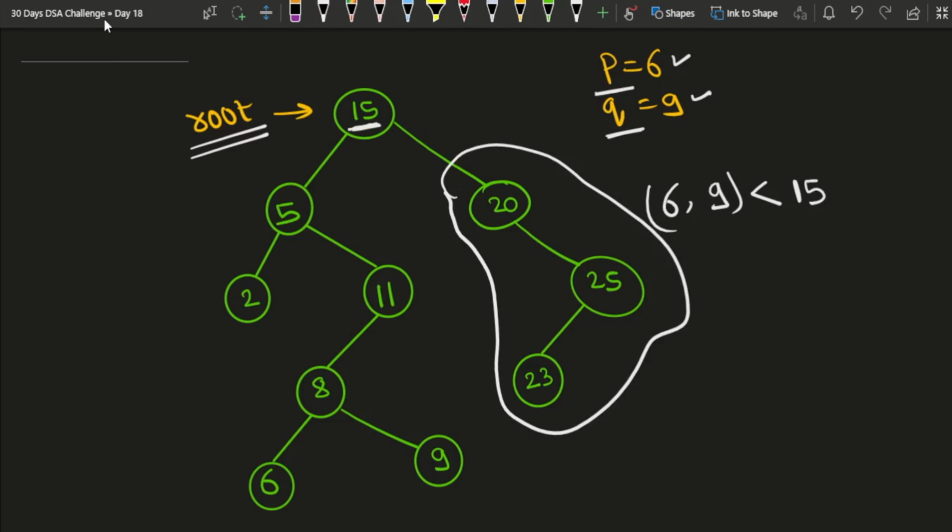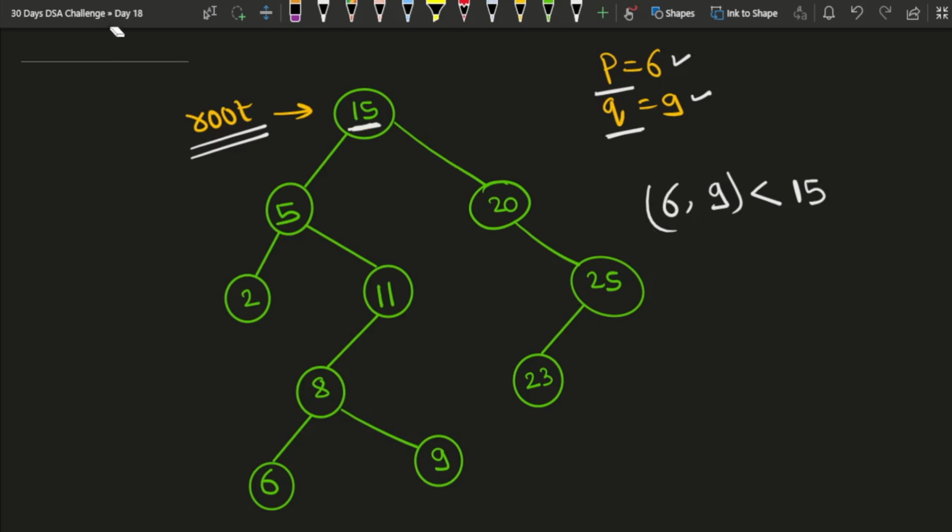Now, in this particular problem, we are searching for two values which are 6 and 9, and these values 6 and 9 are lesser than 15, right? Therefore, it does not make any sense to go into the right subtree. Therefore, what we'll do, we will move to the left subtree.